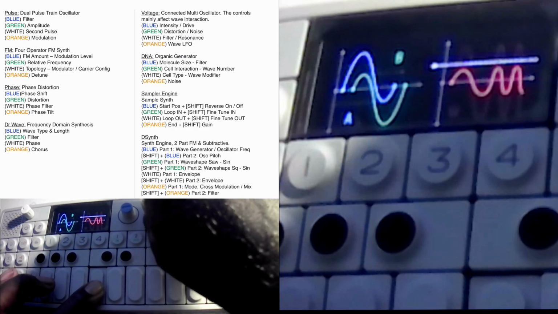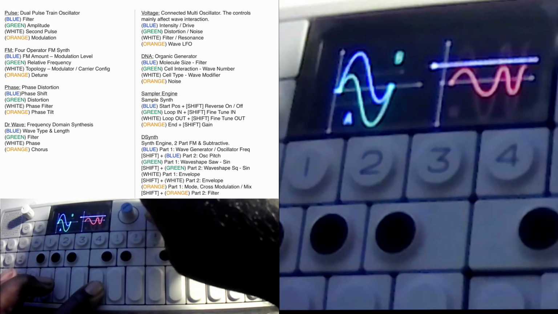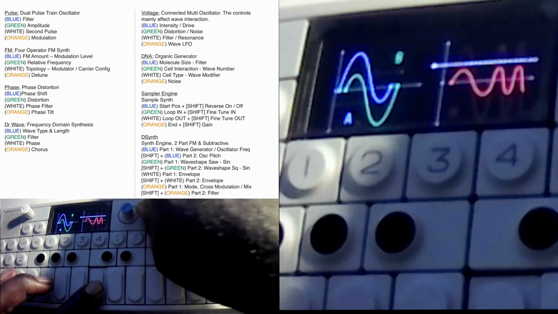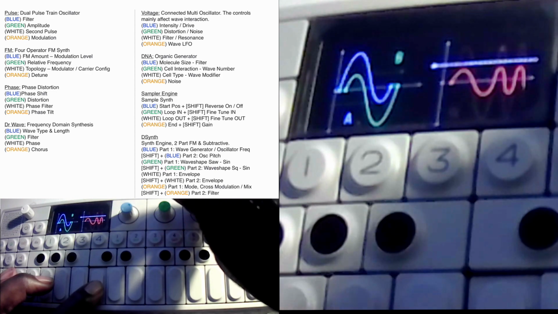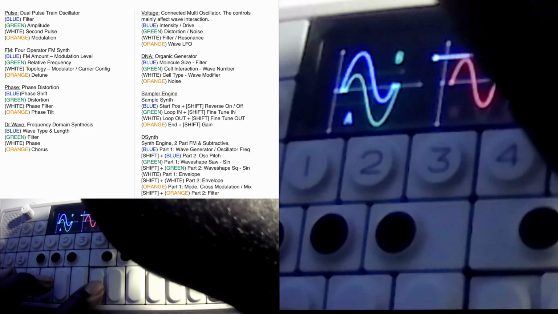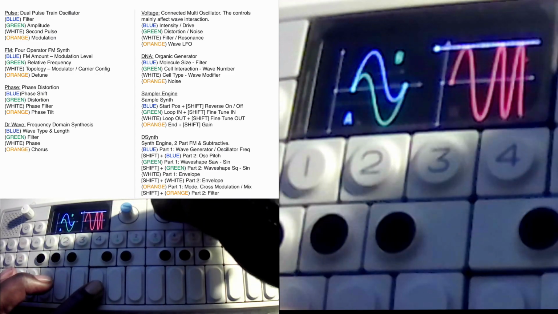The green one is distortion. And then the white one controls the phase filter. So that's at maximum. That's minimum.